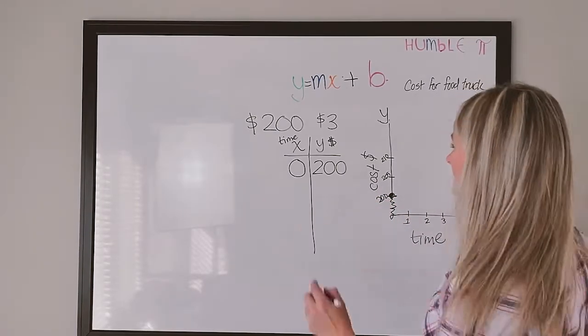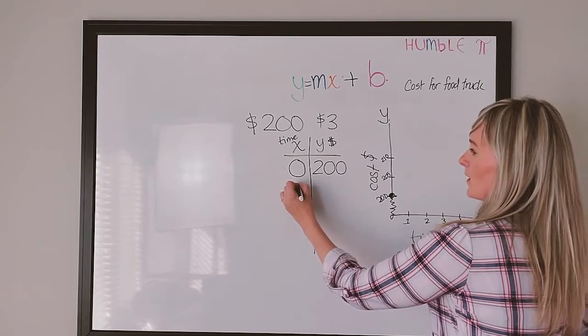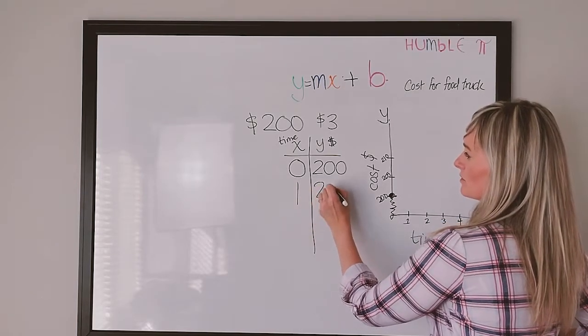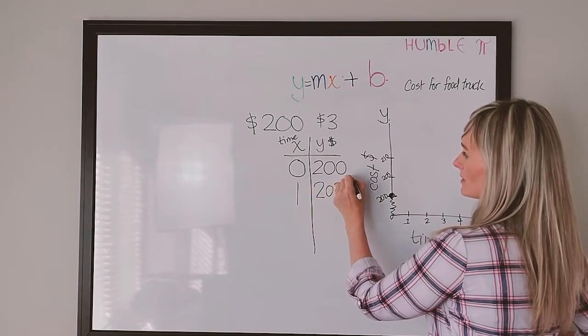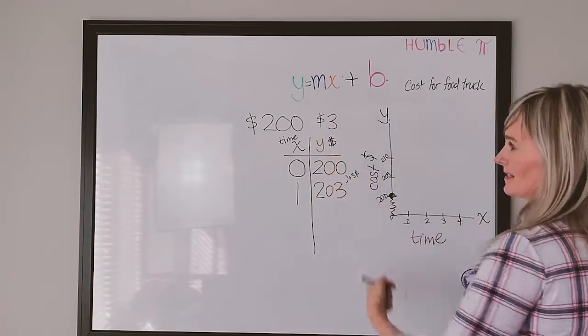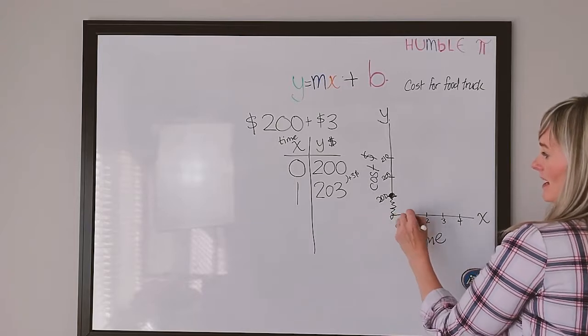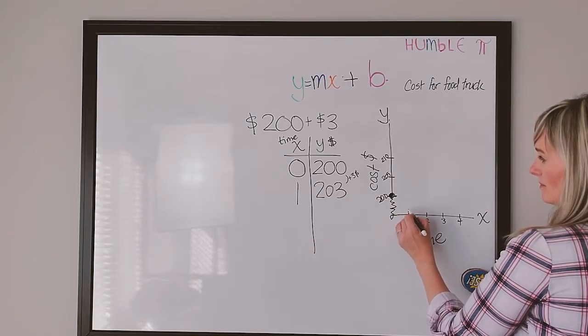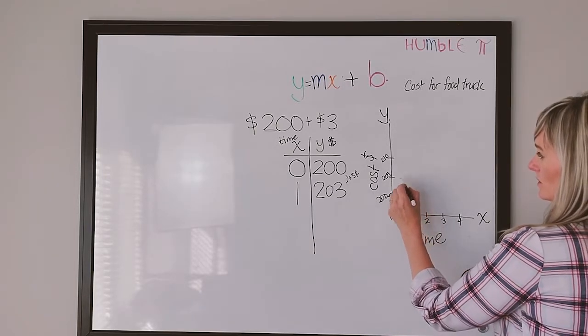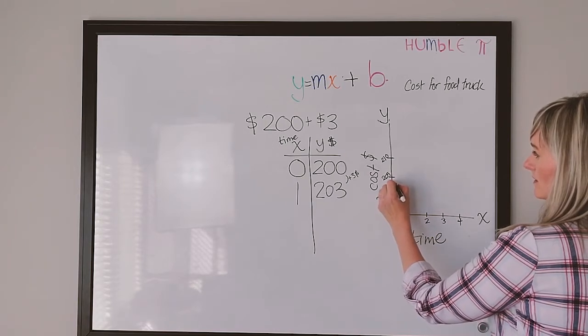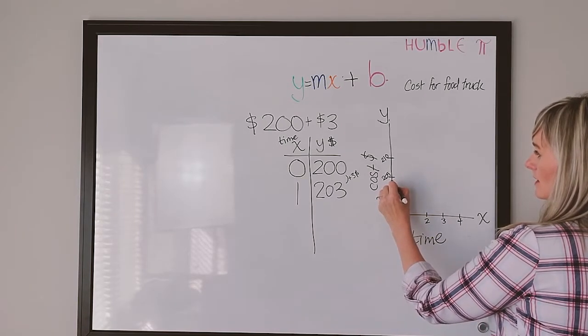Okay, from there, after 1 hour, we're going to be at 203. So we've gone up by $3. That makes sense because we have to add $3 every single time an hour passes. So 1 hour has gone by. Now we're at 203. So 1, 2, 3, 4, 5. 203 is right there.